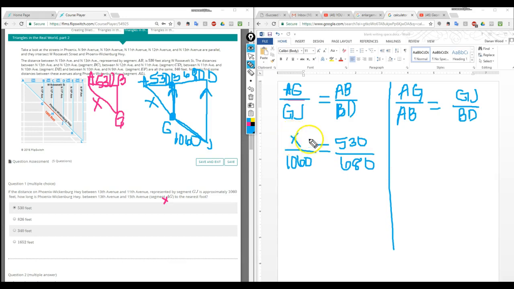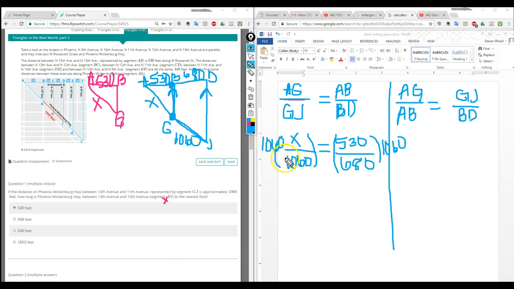Okay, now we need to solve for x. Now, x is being divided by 1060, so I'm going to multiply by 1060, which is our multiplicative property of equality. I'm going to do it to both sides.